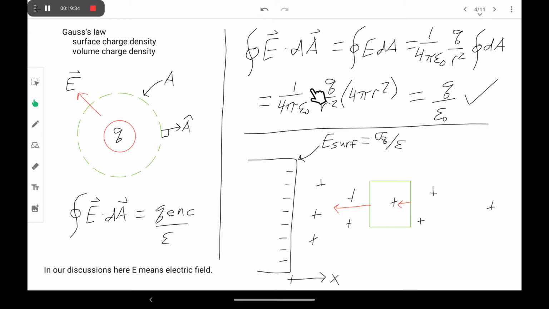And so you could apply this by choosing the correct surface that works well, but the end result is that the electric field at the surface here is equal to the surface charge density, that's what this symbol is, sigma sub q, the surface charge density, divided by the constant. And since we're going to assume in water, I'll just leave the 0 off, and this is the epsilon, whatever it is for water, so 80 times epsilon 0. So we could use Gauss's law to get this, but we already know this result, so we're going to hold on to it.